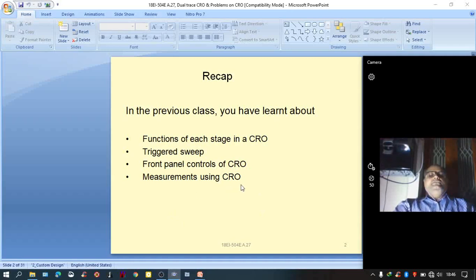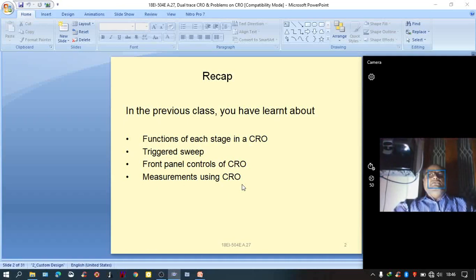Then measurements using CRO. Using CRO, we can measure the time period of the applied input signal. That in turn, we can find out the frequency from time period, and we can also find out the peak to peak value of the applied input signal. We can also find out the phase difference between two applied input signals.